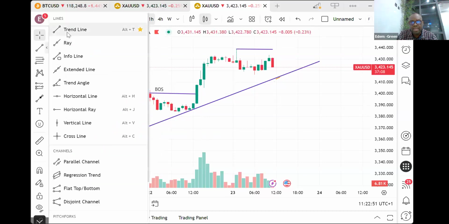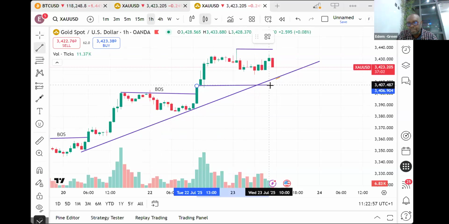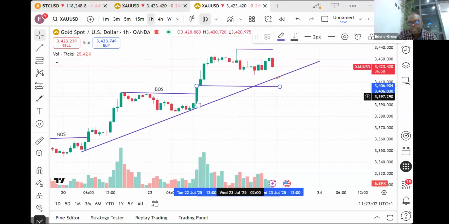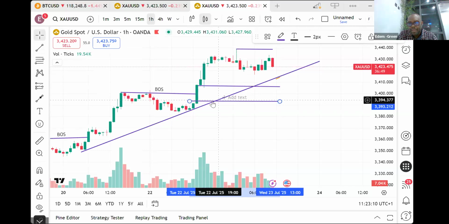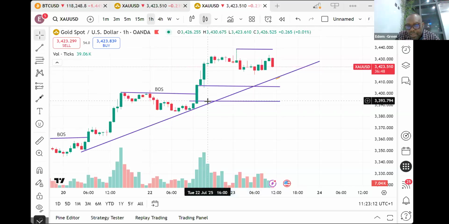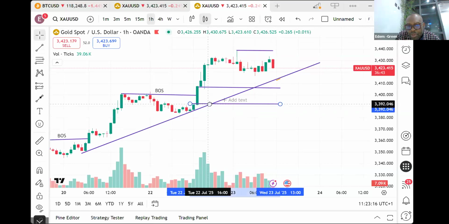So you use your trend line and mark the bottom of the third candle. You mark the height of the first candle. You can mark it and then adjust it. This candle has a very tiny wick.